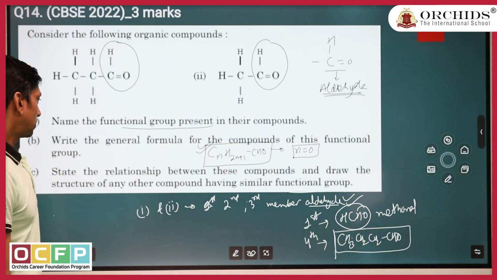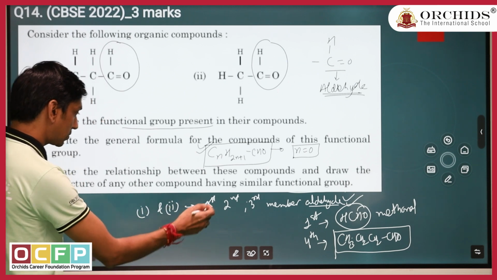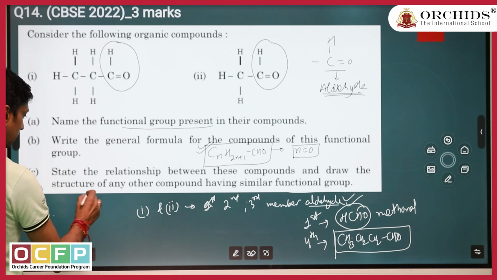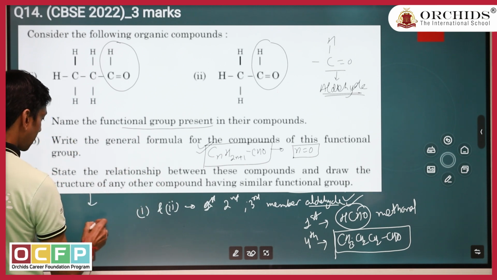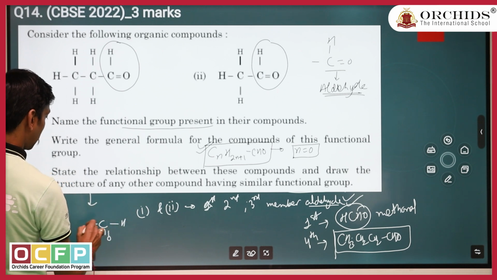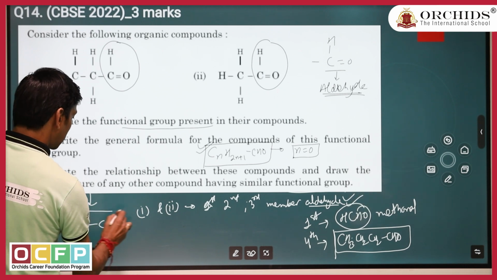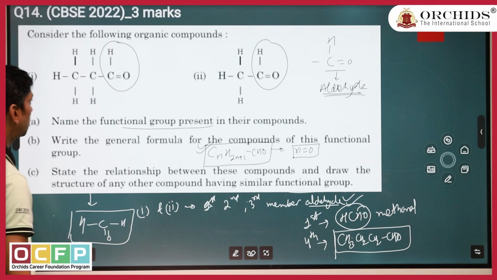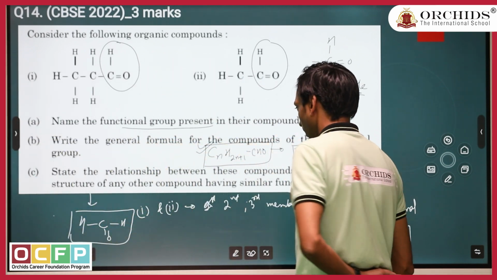Right. So we have to draw the structure also. The structure for methanol will be C double bond O, H, H. So HCHO is the structure of our methanol.